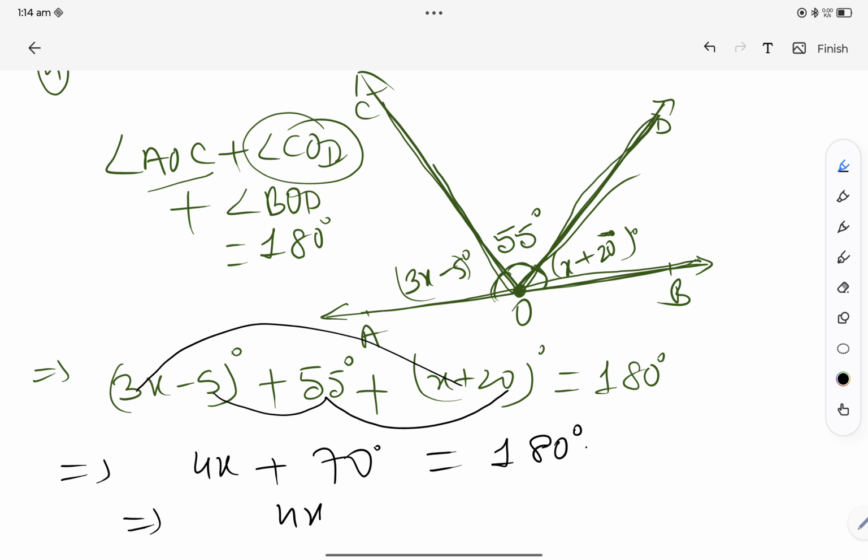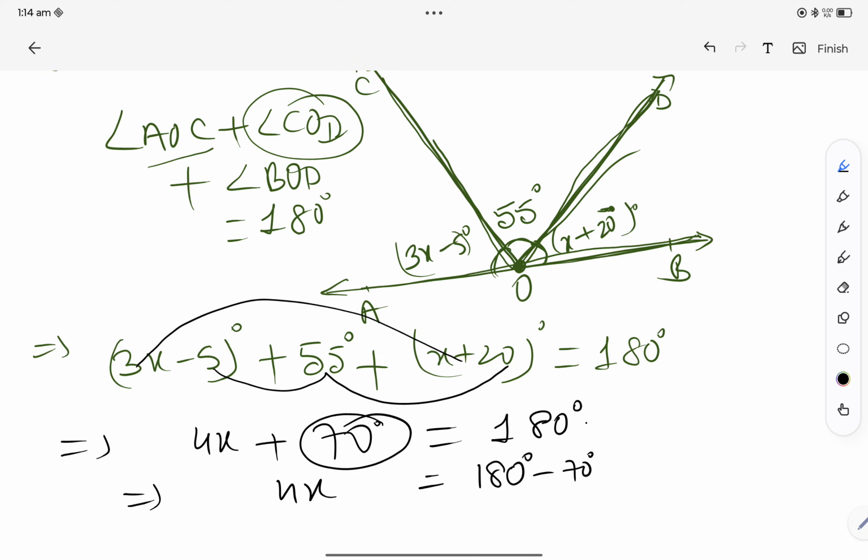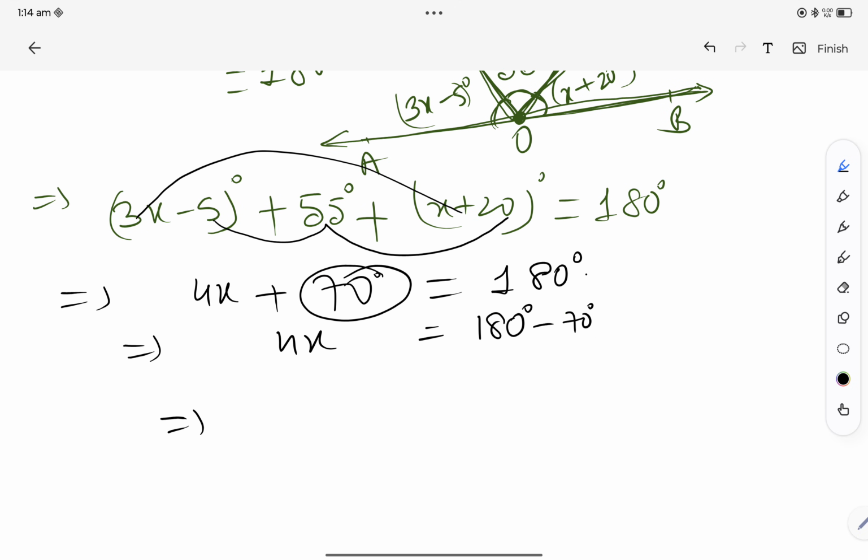Now move this 70 to the right hand side, so you get 180 degrees minus 70 degrees, right? So x is equal to 110 degrees over 4.